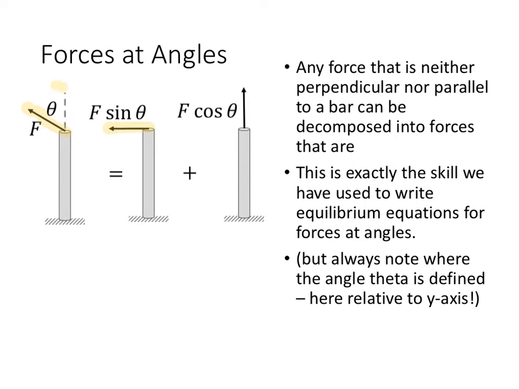Now in this case, theta is the angle from that Y axis, and so sine is the opposite from the angle here, and that's why that's F sine theta. And that's a lateral load, and then F cosine theta, that's an axial load.